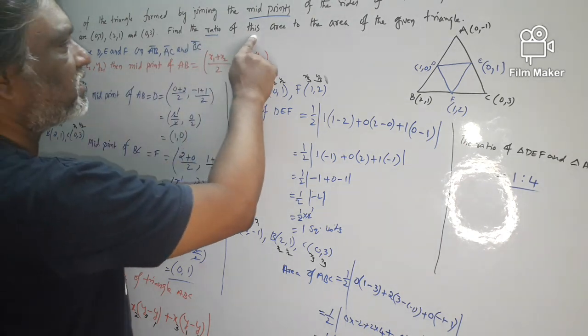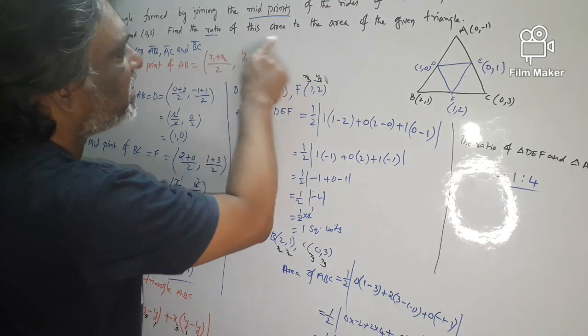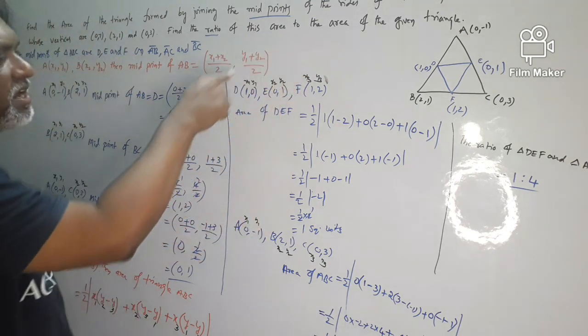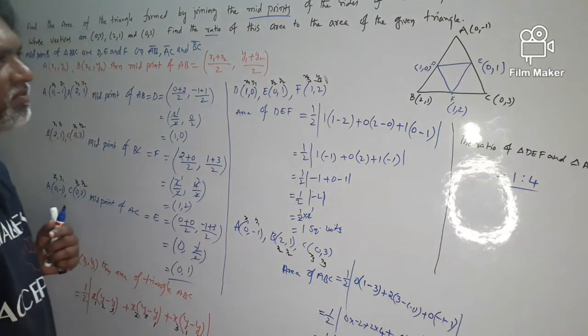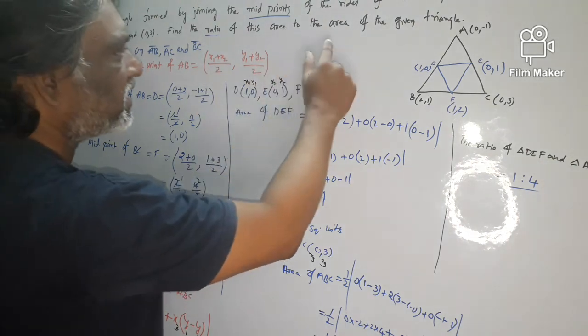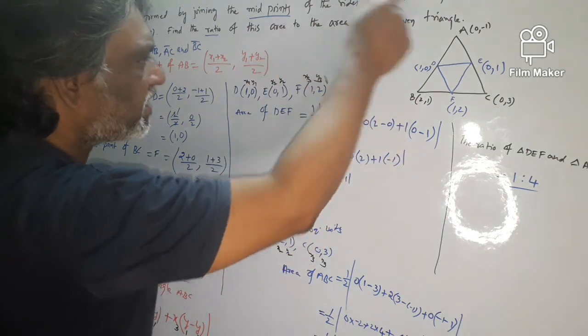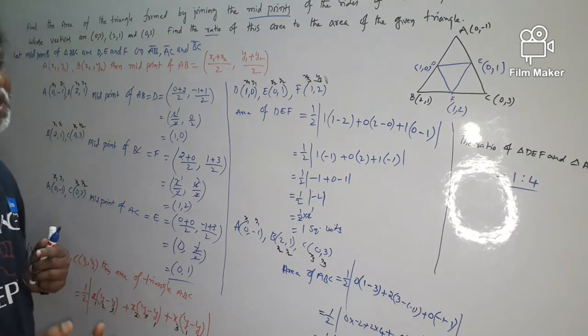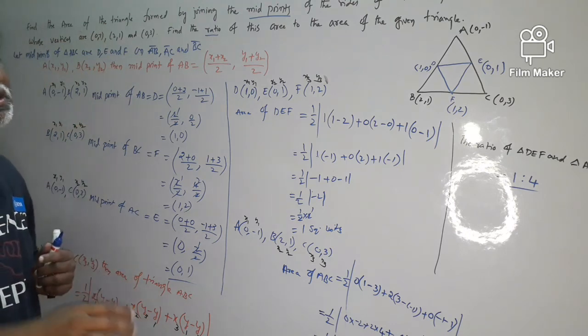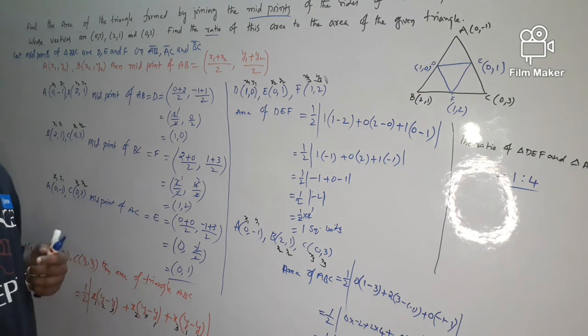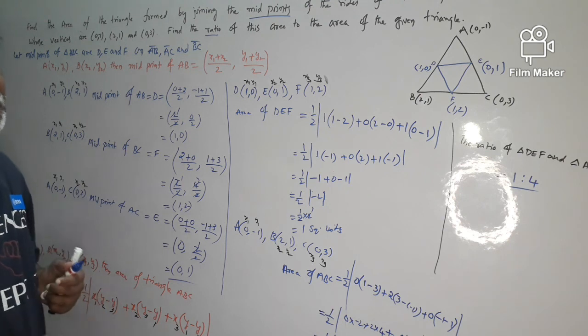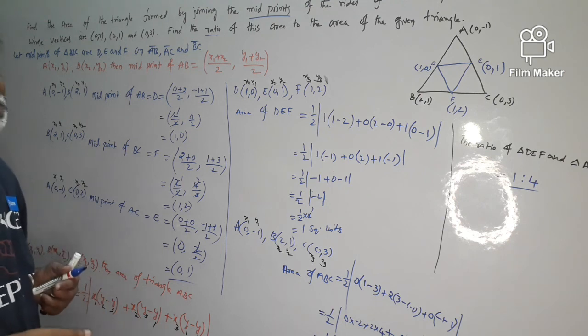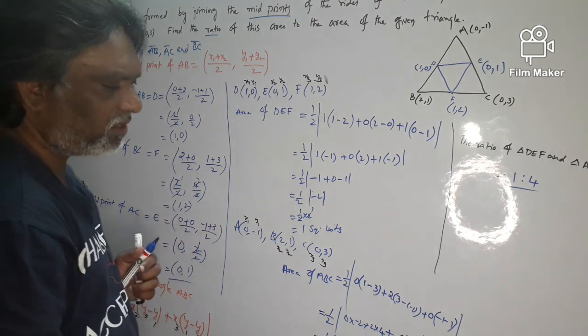He asked ratio of this area. This area means area of triangle DEF next to the area of the given triangle. Given triangle is ABC. So the ratio of triangle DEF and triangle ABC is 1:4. Okay.